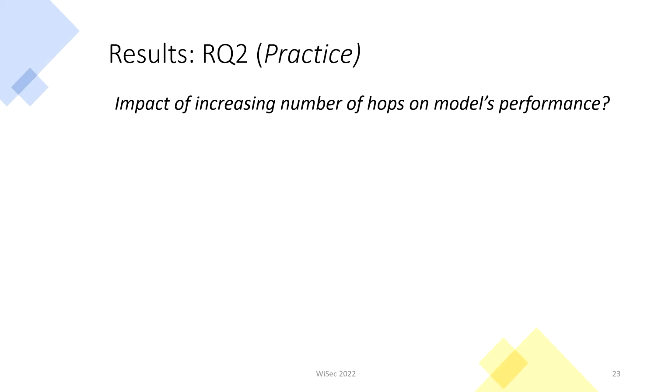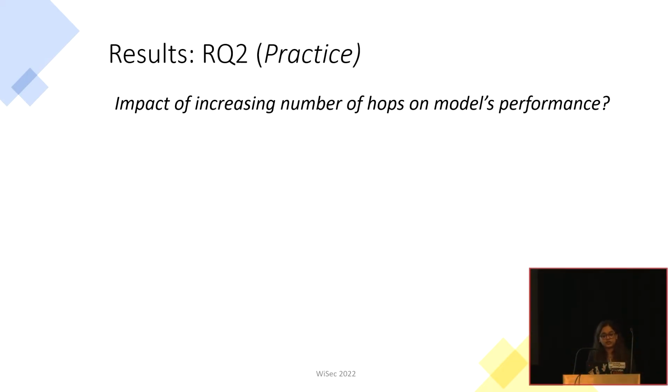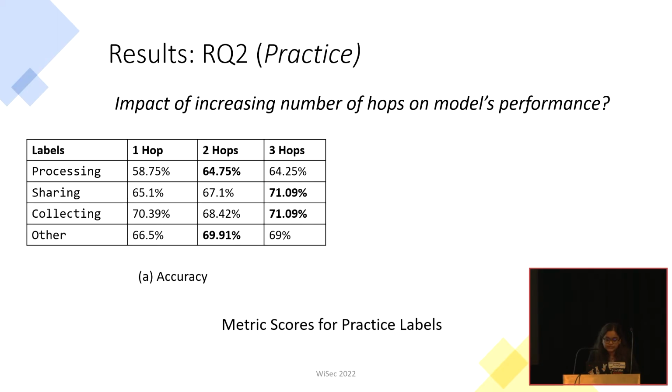Now let us discuss the result for research question 2. As I mentioned earlier, research question 2 focuses on whether increasing the number of hops has any impact on the model's performance while we are predicting the individual levels for practice and purpose.